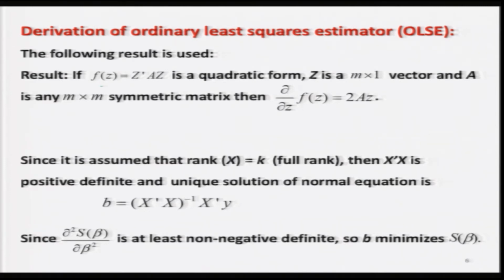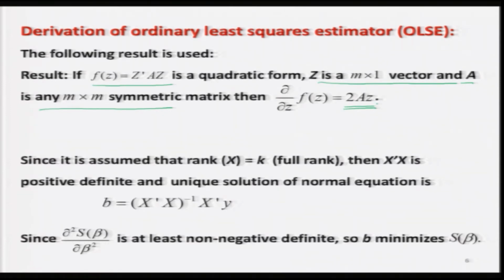If there is a quadratic function, say f of z, where the variable is capital Z, and the quadratic function is of the form z transpose A z, where z is an m cross 1 vector of real values and A is any m cross m symmetric matrix, then the partial derivative of f of z with respect to z is twice A z.